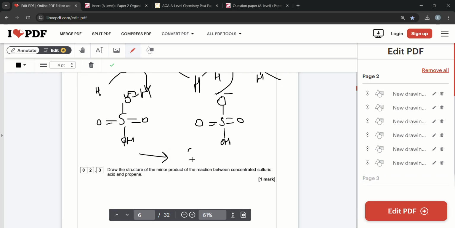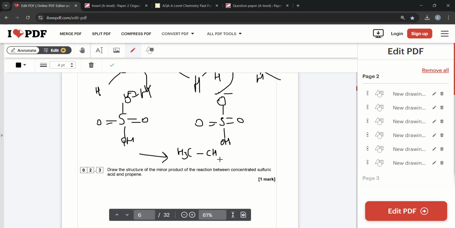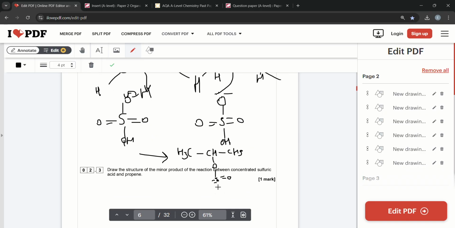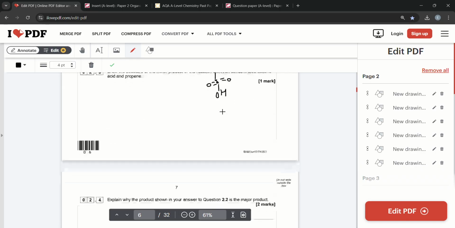Then it's just bonds to it, so you've got your CH3, H3C, CH, CH3, and then you've got your OS, double bond O, OH. Obviously, one of the major products: the second carbon is going to have the positive charge of the carbocation, and then just bonds to lone pair of electrons, bonds to the carbon.